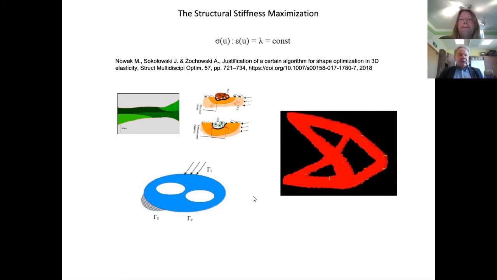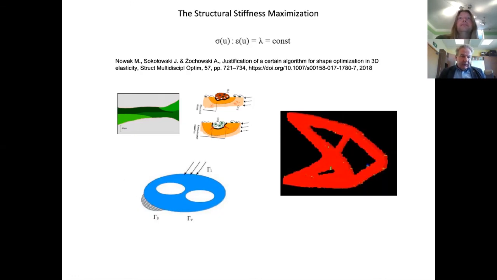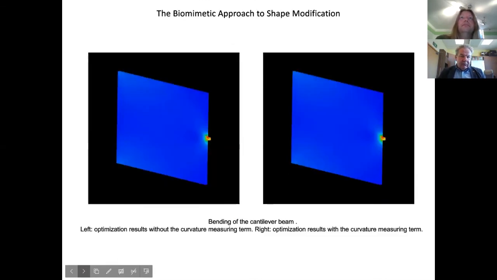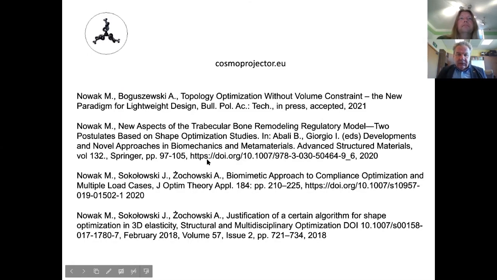Yes, you can find it in these papers. I'm not going to present it now, but you can find this in the work with Sokolowski and Zochowski. Yeah, I see your 2018 paper, right? Yes.